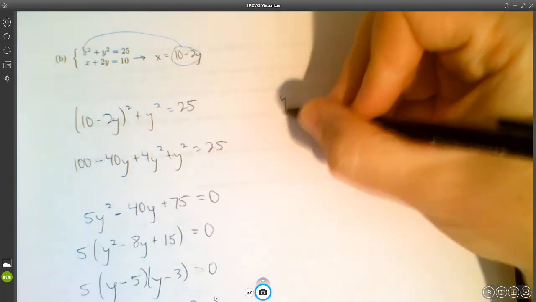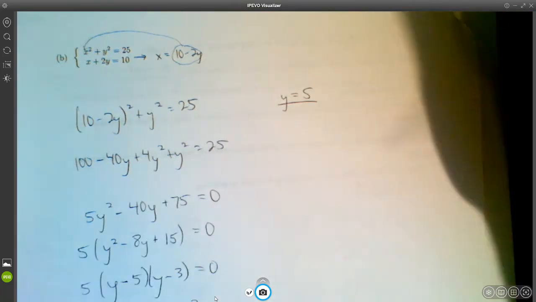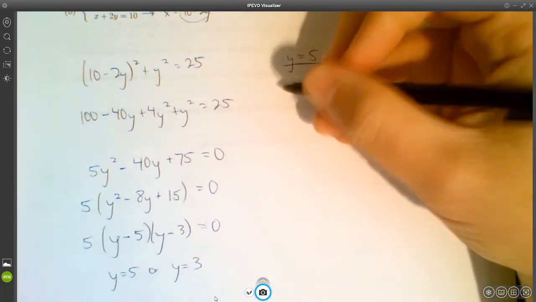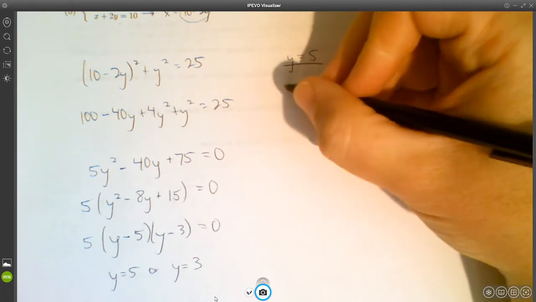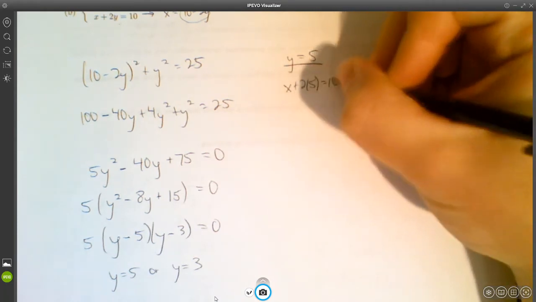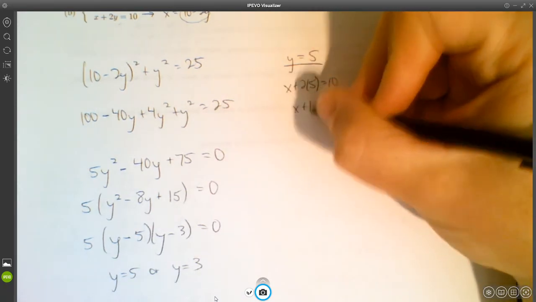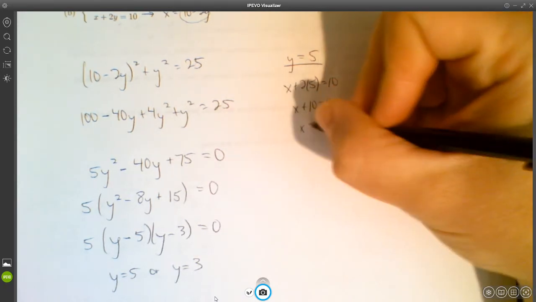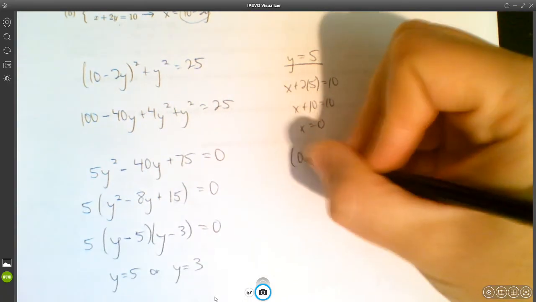Well, so if y equals 5, now what are the x values that go along with that? I'm going to plug this into the bottom equation. If y equals 5, then x plus 2 times 5 needs to equal 10. That means x plus 10 has to equal 10, and that means x has to be 0. Okay, so 0, 5.